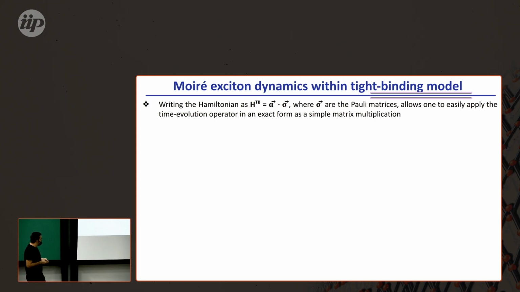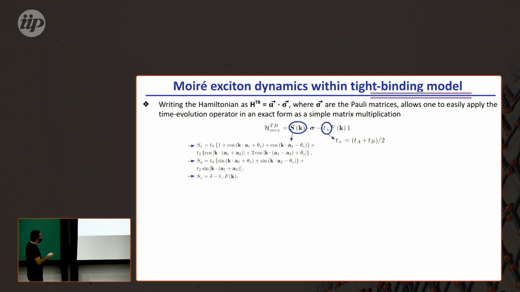So with that in mind, since I want to first investigate the dynamics of those Moire excitons, we wrote the tight-binding Hamiltonian as a function of the Pauli matrices. So that Hamiltonian that I wrote a few slides before can be written like that, where this S_k vector has those components, and this T plus is related to TA and TB.